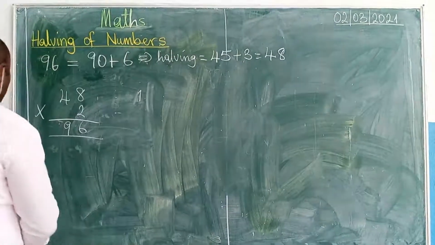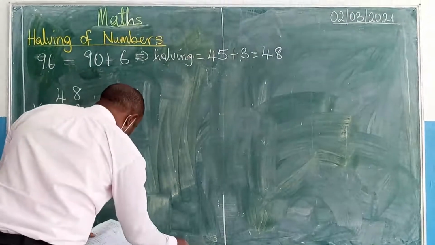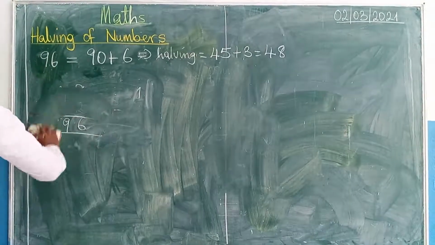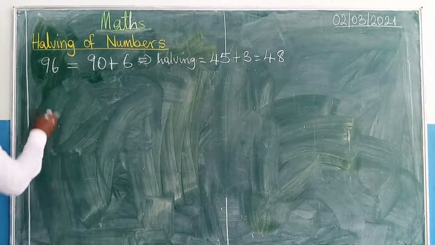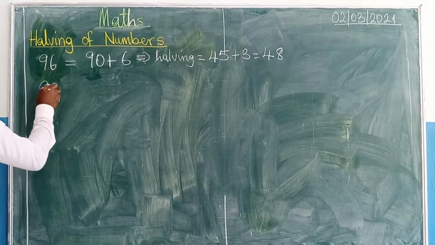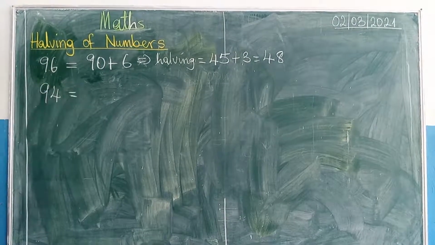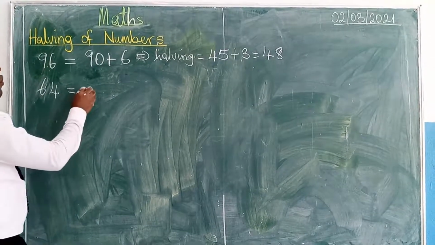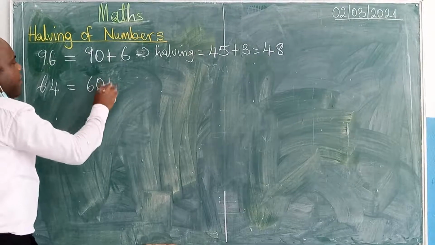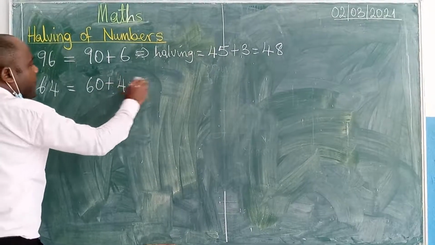Let us take the second example. Find the half of 64. 64 will be equal to 60 plus 4.